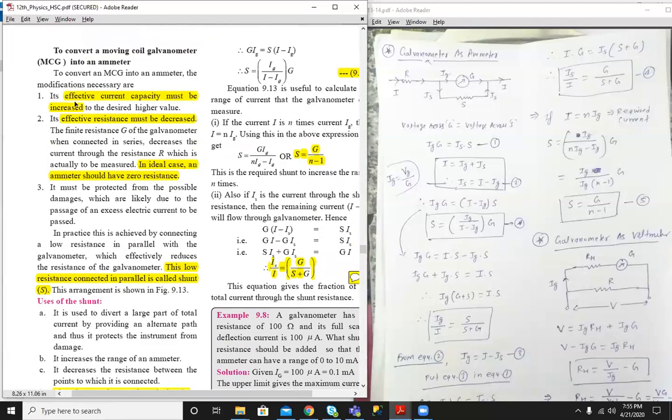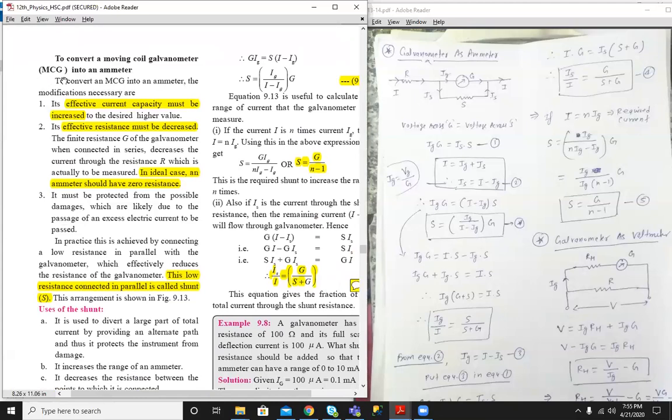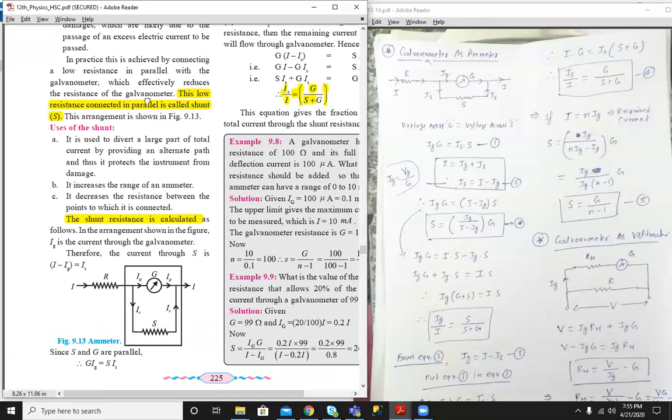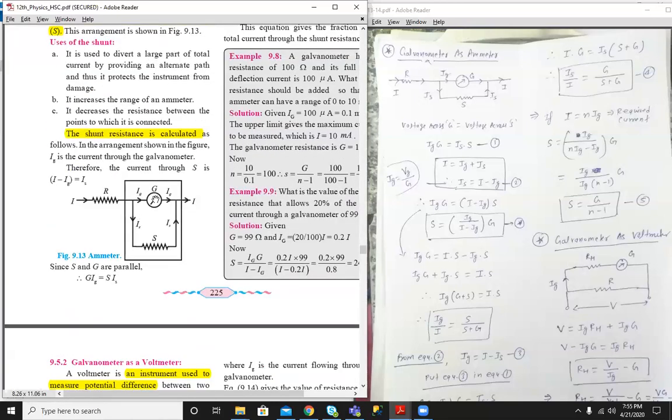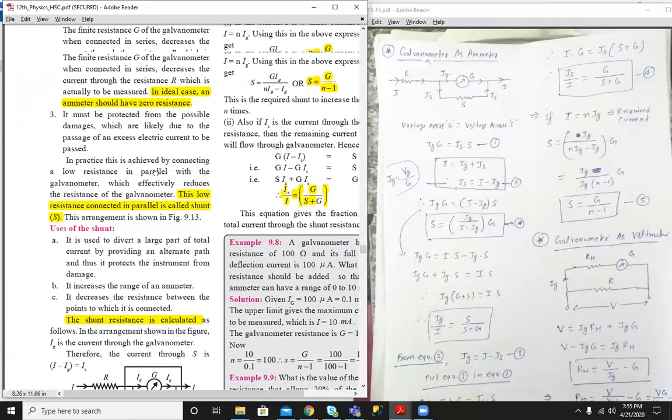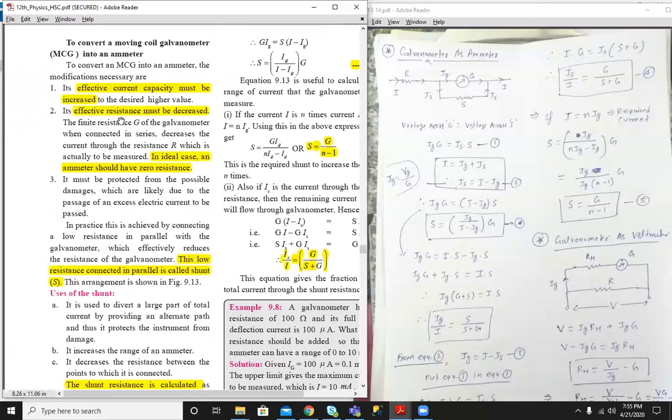Let's see the requirement to convert a moving coil galvanometer into an ammeter. In the circuit, Ig is the current through the galvanometer, and R is the resistance through which we have to determine the current. This whole box is an ammeter. For an ammeter, the effective current capacity must be more, and the effective resistance of the galvanometer must be decreased.